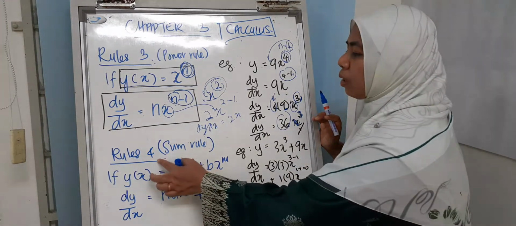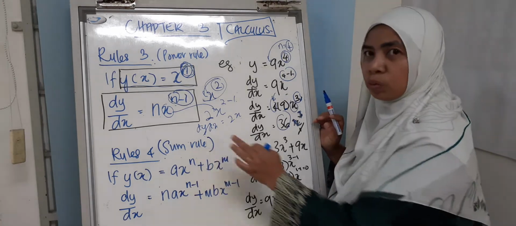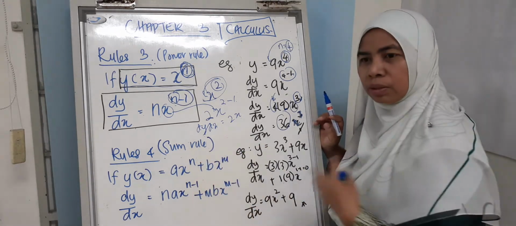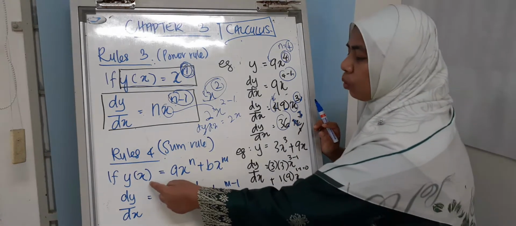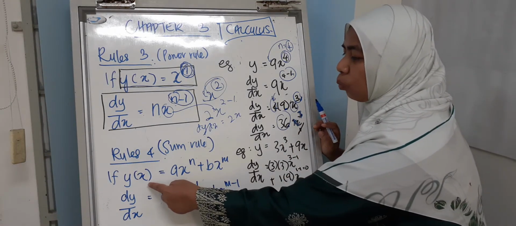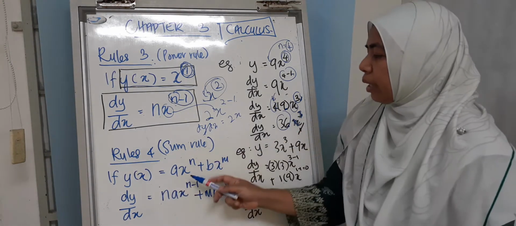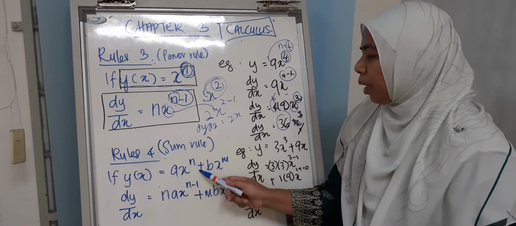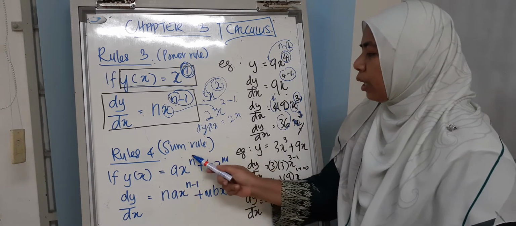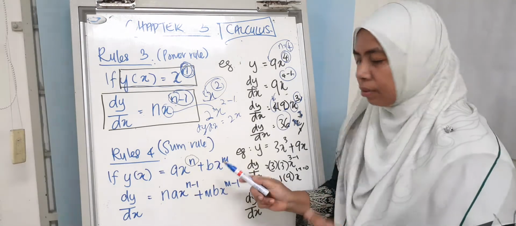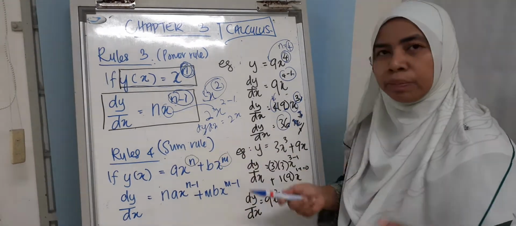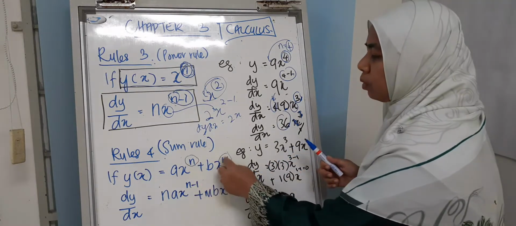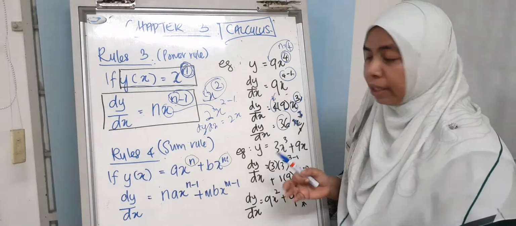Okay? So rule number 4 is sum rule. We call it sum rule. Sum means total up, the whole. So if the equation is y equal to ax to the power of n plus bx to the power of m, where the n is different, let's say the power of 4, and m is, let's say, the power of 2. They have two different powers.